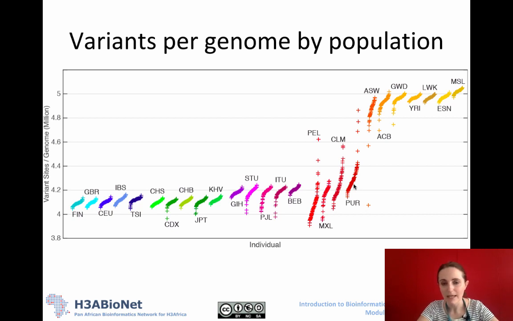And you could argue this is because the reference genome is not African. Actually, the majority of the reference genome comes from an African American individual. It's actually because these African people do have more genetic variation in their genomes, which is really interesting.